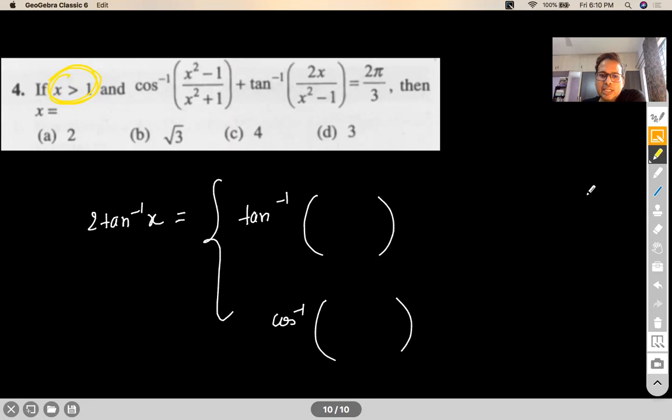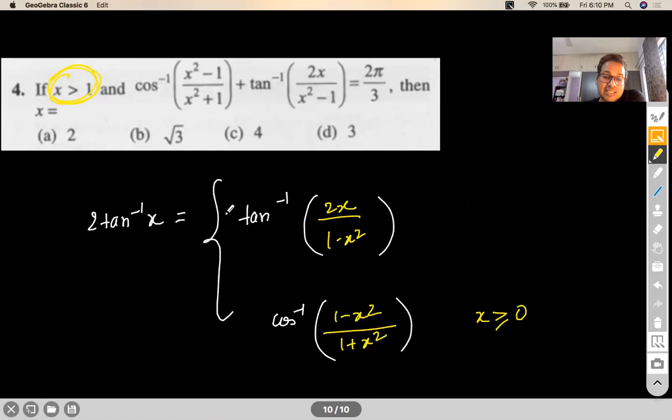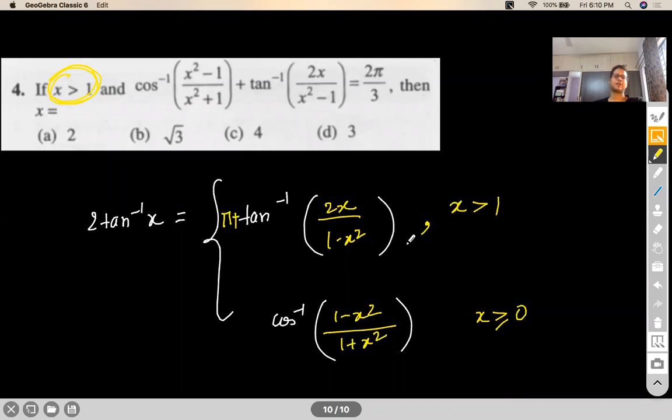Now in terms of cos inverse, it's (1 minus x square) by (1 plus x square) when x is more than 0. Correct? And in terms of tan inverse, it is 2x by (1 minus x square) if x is less than 1, and it is pi plus tan inverse of 2x by (1 minus x square) if x is more than 1.